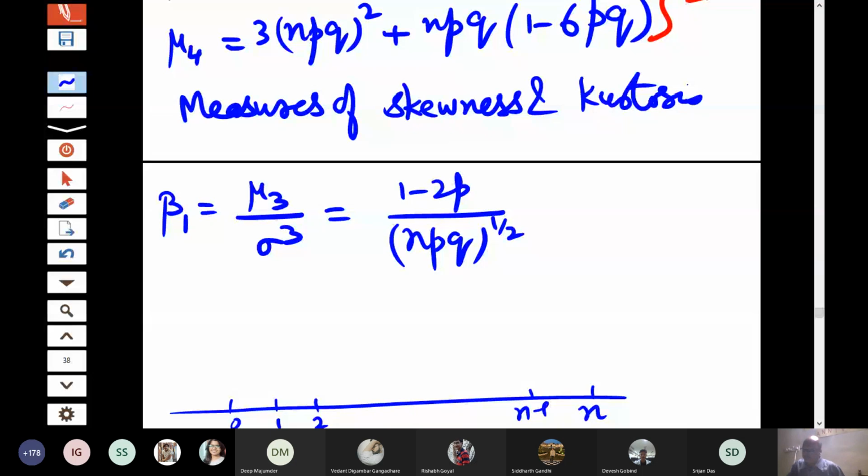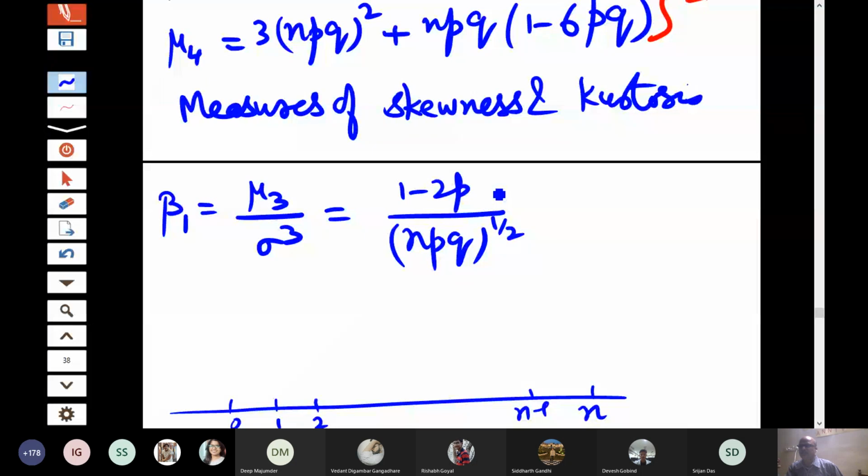So if p is equal to half, this beta 1 is 0. That means it is a symmetric distribution. If you look at the binomial distribution, the coefficient nC0 is the same as nCn. So if p is equal to q, the probability becomes simply nCk half to the power n. So half to the power n comes out.